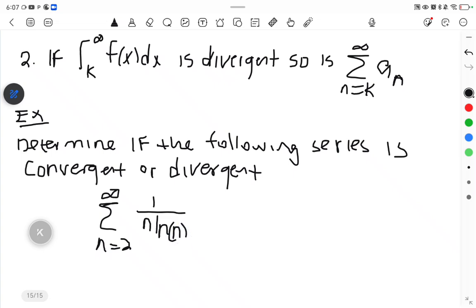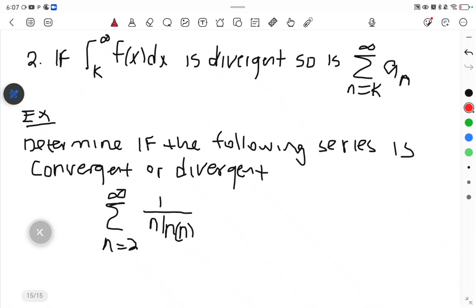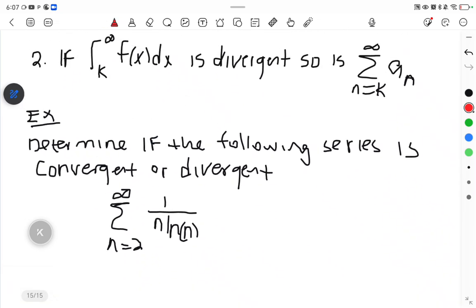Then they say we should first check if this converges or diverges. Now for us to prove this, first what we need to do is let f of x be equal to 1 over x ln x.